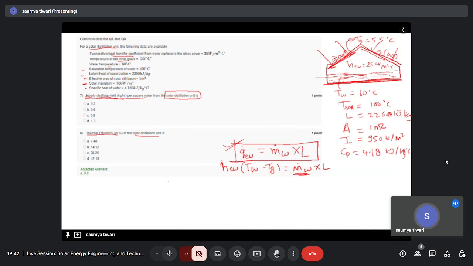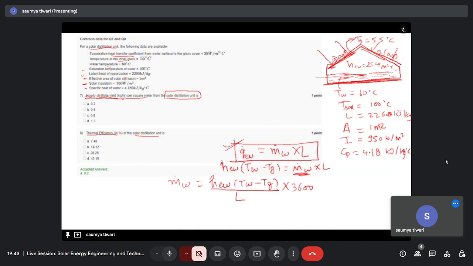It will be heat transfer coefficient into temperature of water minus temperature of glass upon latent heat of fusion. If you want to calculate it for an hour, then you will multiply it by 3600, right? So this is how this formula has been derived.